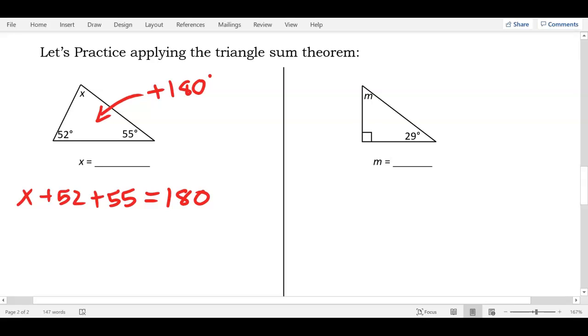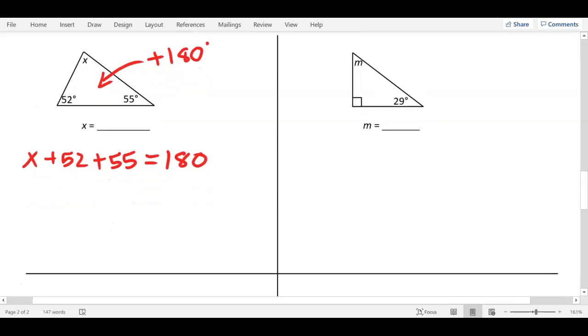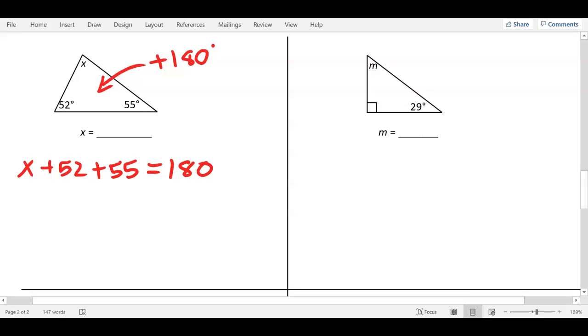Now, from here, there's two options. You solve it by hand, or you can use the solve menu 3-1 in your calculator. I prefer that you solve it by hand, and if you need to, you can check your answer with solve menu 3-1. And on these notes, I'm going to show you how to do it by hand either way. So, first things first. I see I got two numbers on the left side of the equal sign. I can combine like terms. So what's 52 plus 55? 107.